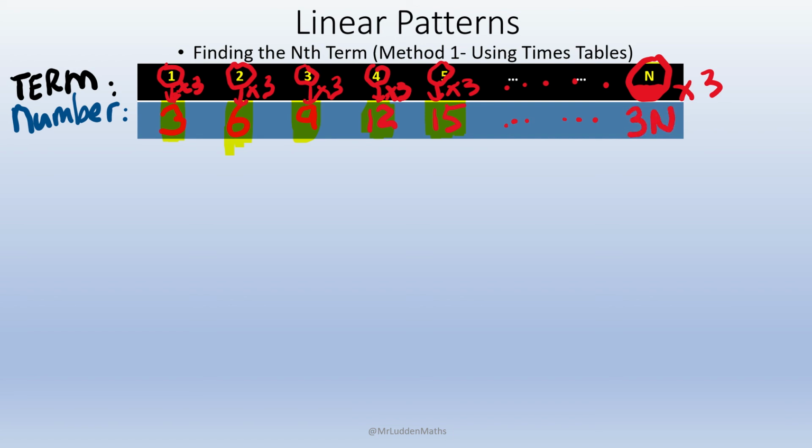Now just looking a small bit closer at that, 3, 6, 9, 12, 15: the name of that pattern is 3n. This here is also known as your 3 times tables. So if the name of your 3 times tables is 3n, well, your 4 times tables, 4, 8, 12, 16, the name of that would be 4n.